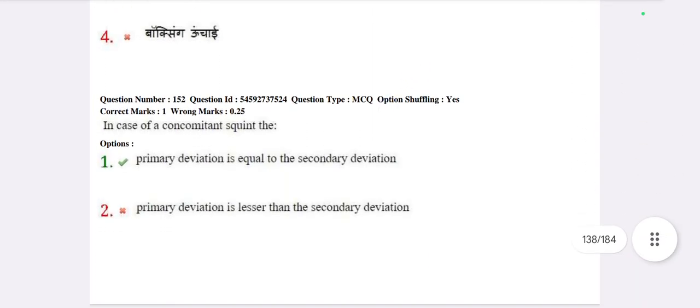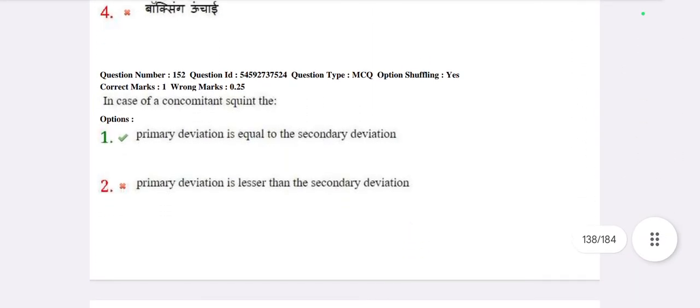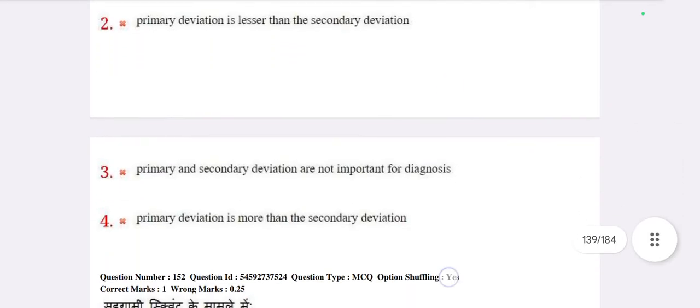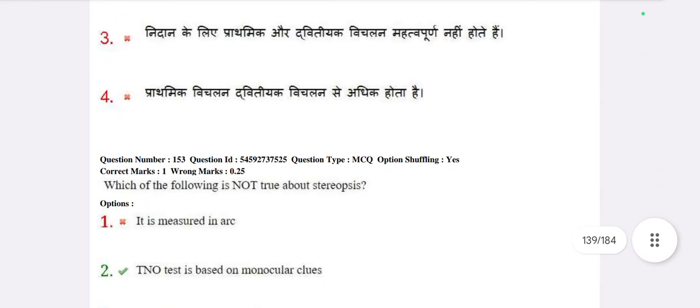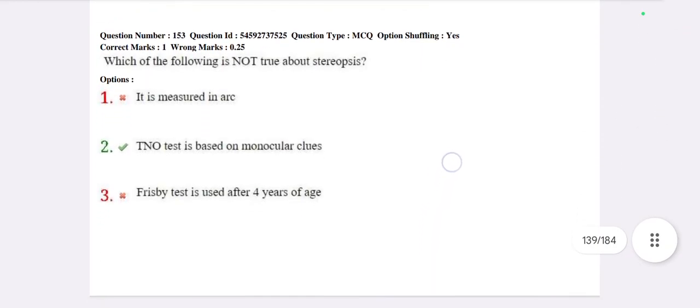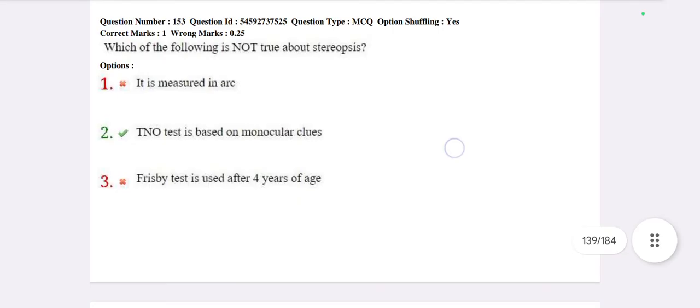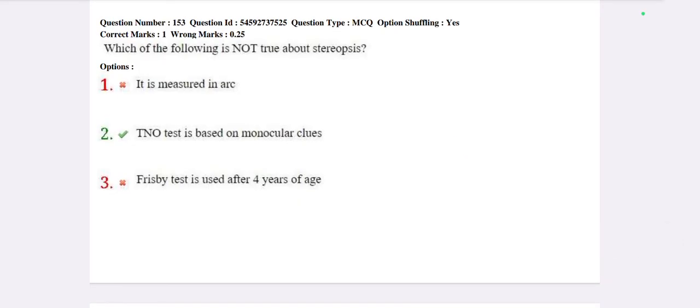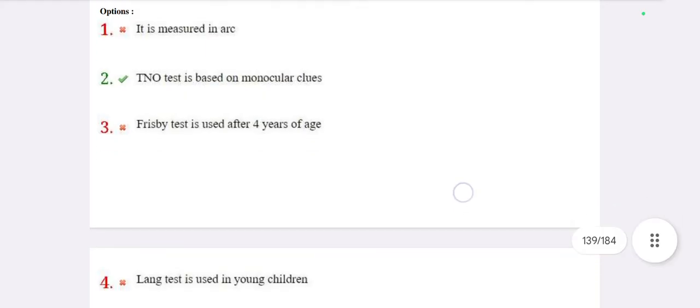Next question is, in case of concomitant squint, correct answer is primary deviation is equal to the secondary deviation. Next question is, which of the following is not true about stereopsis? Correct answer is TNO test is based on monocular clues.